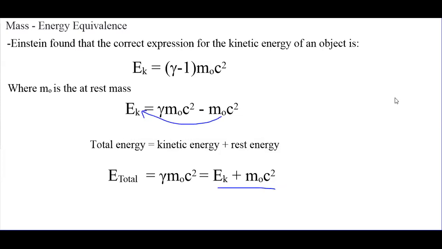So that is kind of a big breakthrough when it came to 1905 physics, because with this information, they were able to figure out why the mass of the elements on the periodic table is less than the sum of all their individual parts.